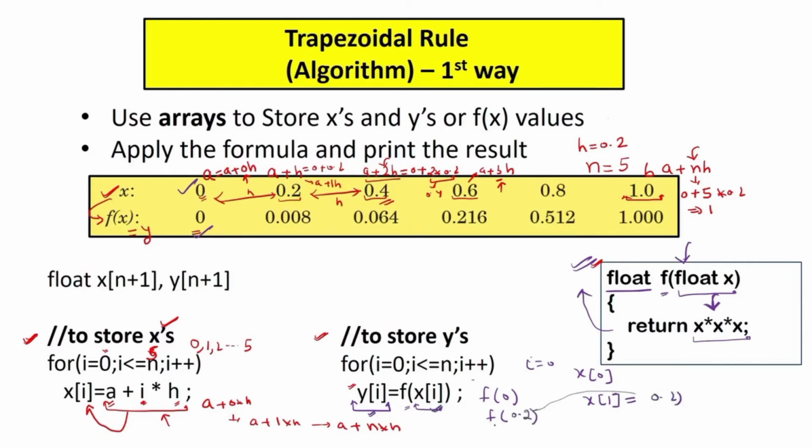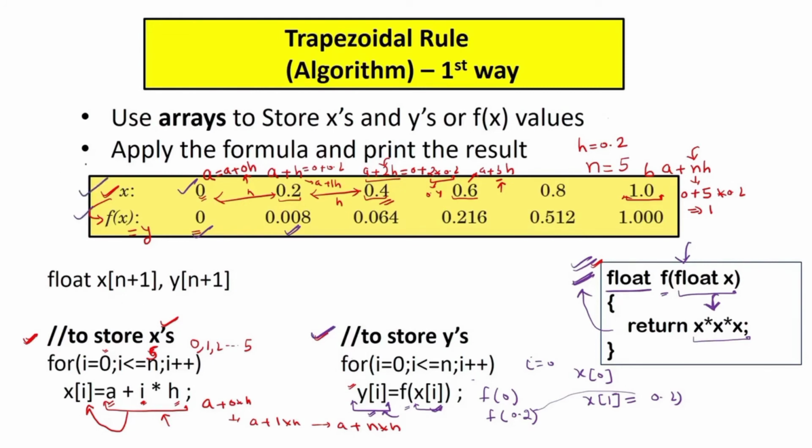The function value at 0.2 will be 0.008. So this will be saved inside y of i, and so on till i less than or equal to n. So all the values of y are getting stored by this loop. In this way I have stored all the values of x and all the values of y in the two arrays x and y.